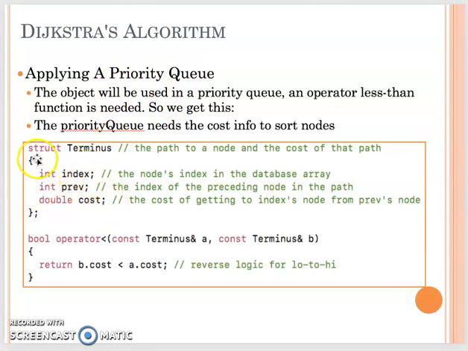So after you have this terminus as the data type for the priority queue, you need to redefine your less than operator. You will see we do the opposite. If we have A and B, we return B.cost less than A.cost. That means we reverse the logic.